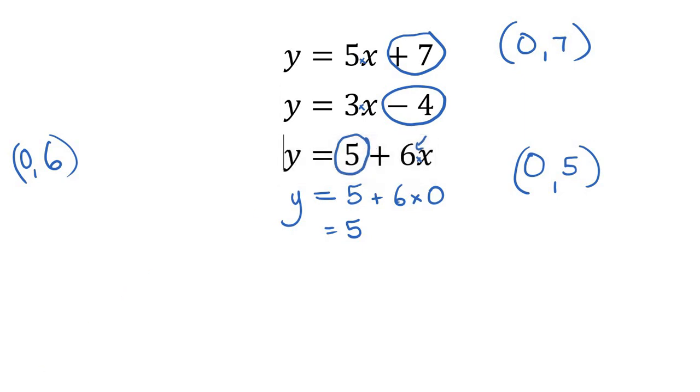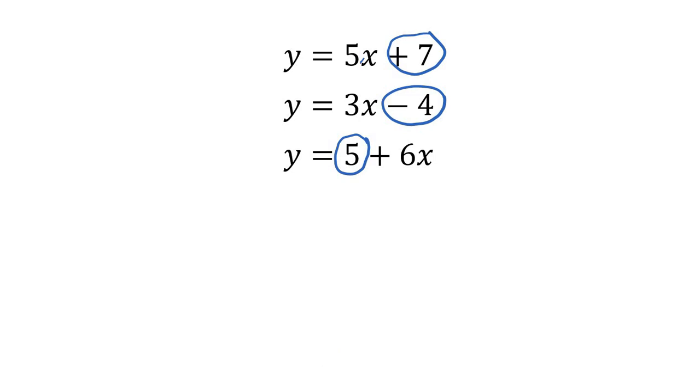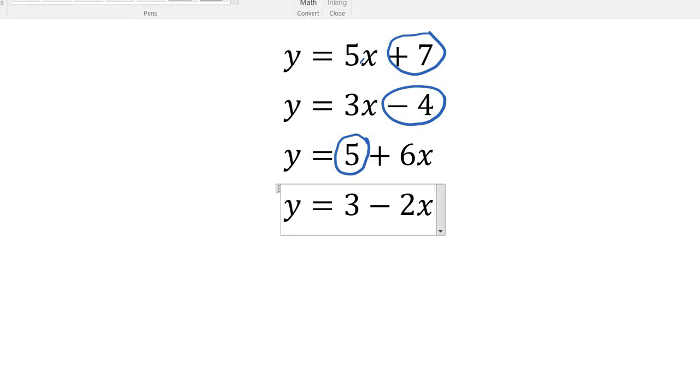I'm going to do one more example. I did this just to check that people didn't get confused by where the positive and negative signs were. If we look at this example, I've got 3 take 2x.